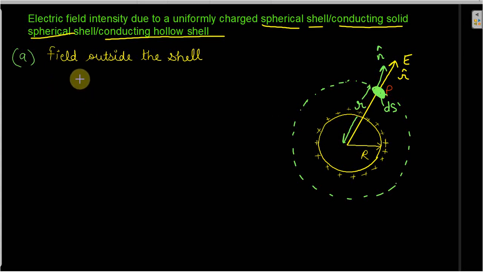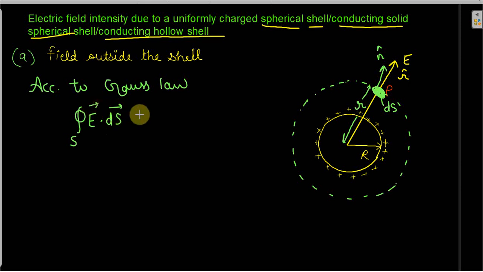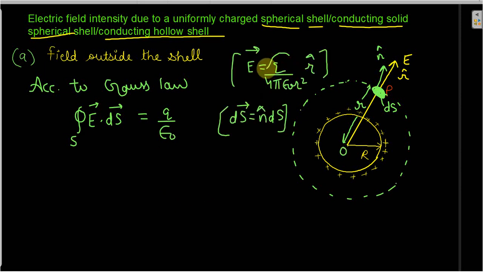So according to Gauss law, we can write the closed surface integral of E dot dS is equal to q by epsilon naught, the charge inside the surface. So here we can substitute the value of the E vector and dS vector.